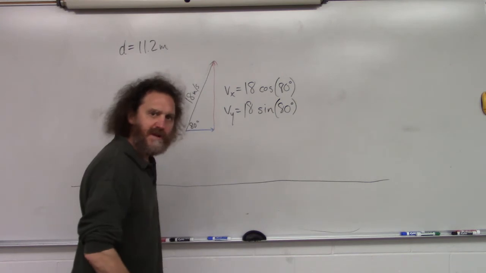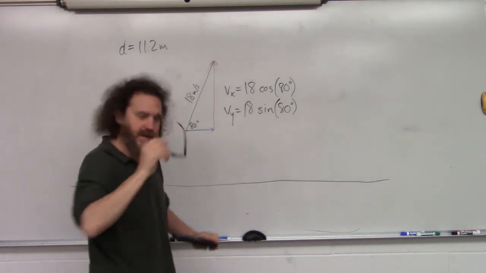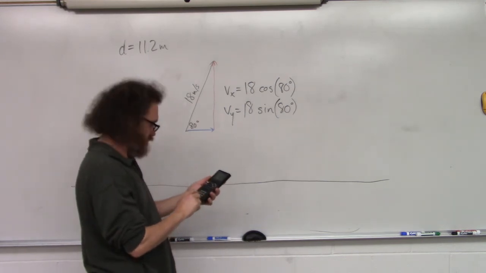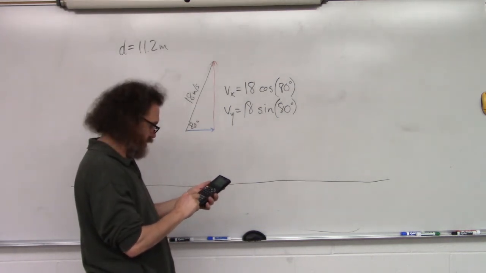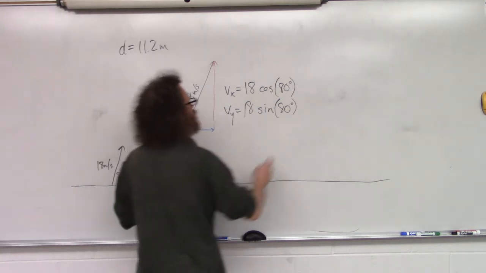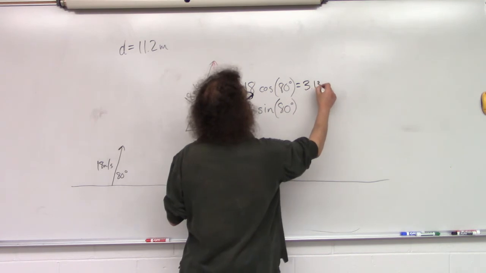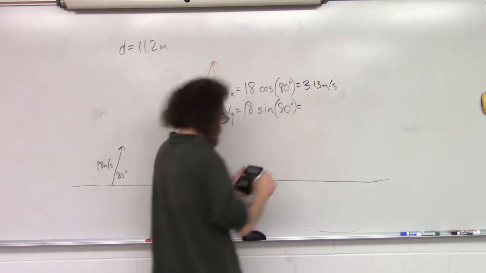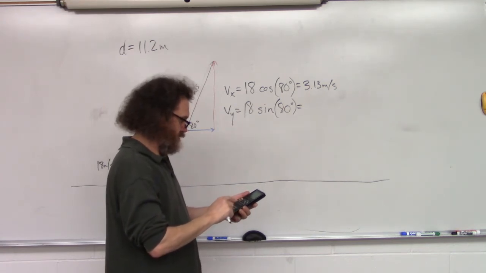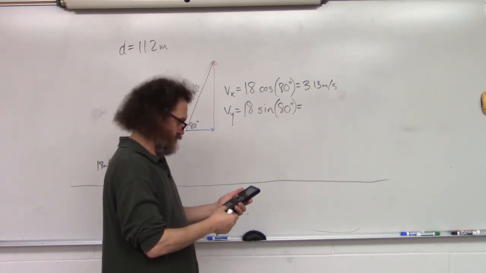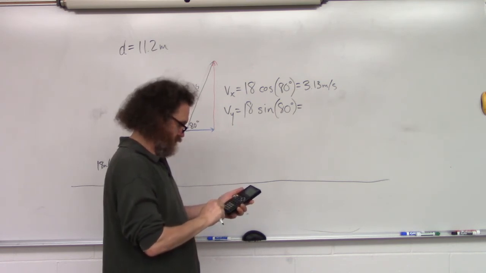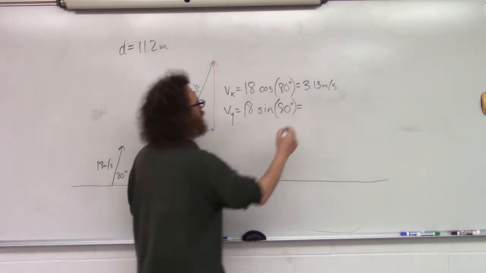Don't worry too much about why this is, but this is one of the things that you learn to do when you take a physics course. Okay, so 18 cosine 80, that's 3.13 meters per second. And 18 sine 80 is 17.7 meters per second.